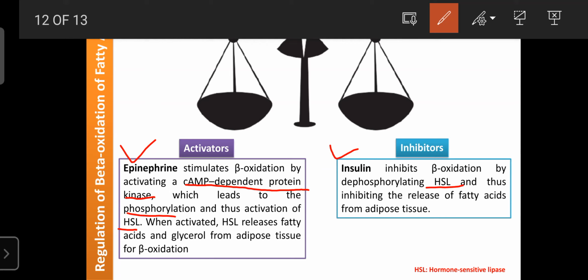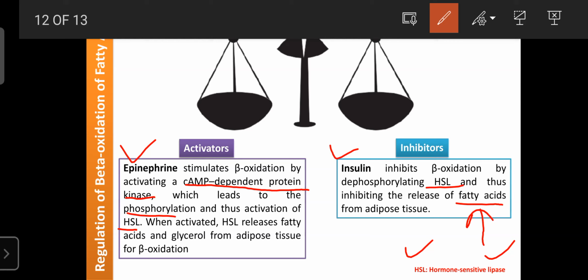It causes inactivation of the lipase enzyme, and without activation of the lipase enzyme, the fatty acids are not released from the triglyceride, or the glycerol does not separate from the fatty acids, due to lack of the HSL enzyme.